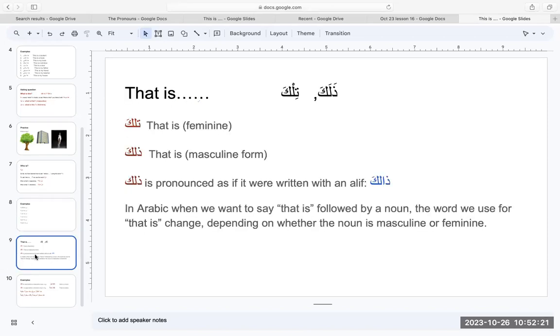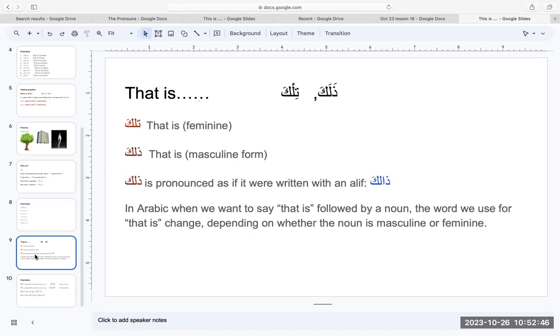Okay? Then, I found a lot of Arabic and non-Arabic speakers mix up ذلك and تلك. Okay? So تلك is to say "that is". It must be a little bit far away from you when you point to it.